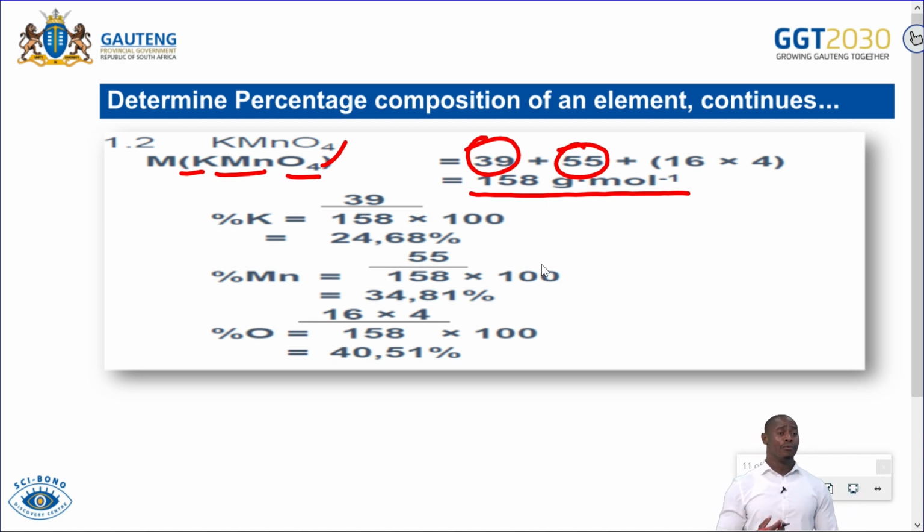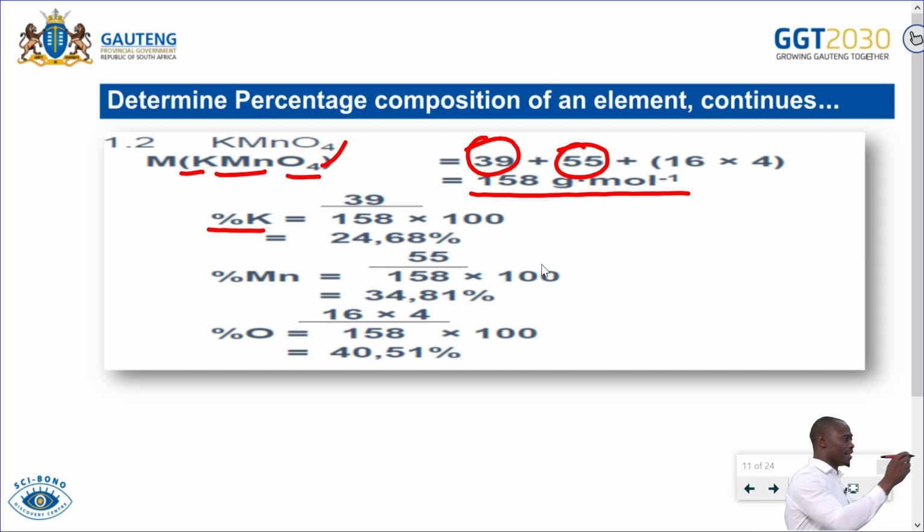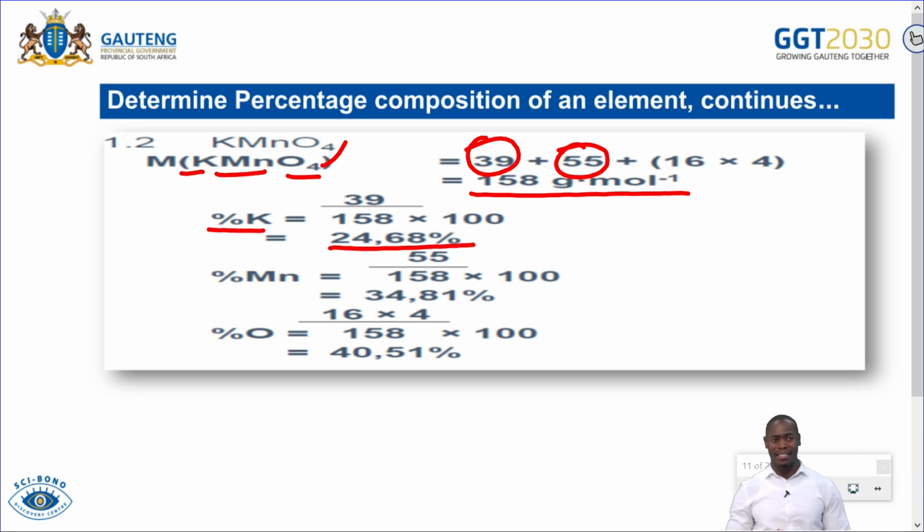Then now we can calculate the percentage of each element in that compound. So this is the percentage of potassium, right? Which is 39 over 158 times 100. Then the percentage of potassium is 24.68%. And then the percentage of manganese, the relative atomic mass of it is 55 divided by 158.